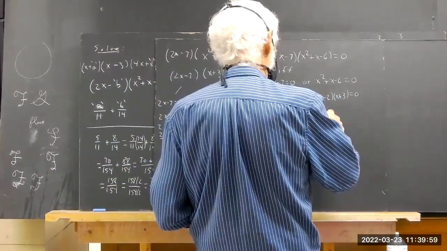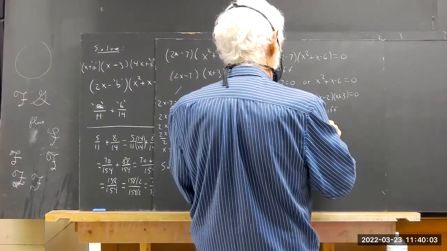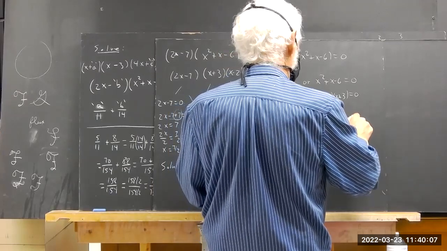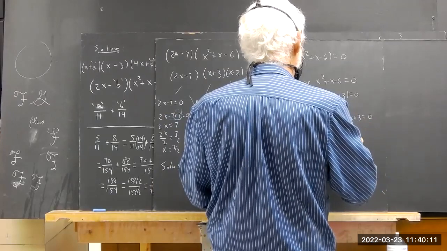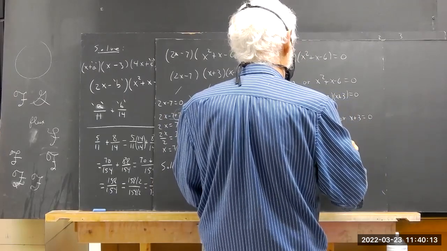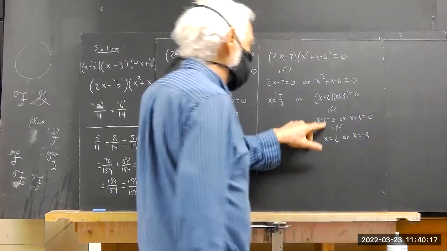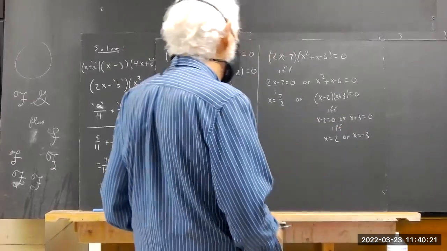And then this breaks down to x minus 2 has got to be 0, or x plus 3 has to be 0, so we have this.